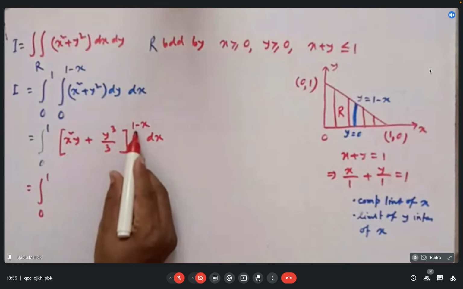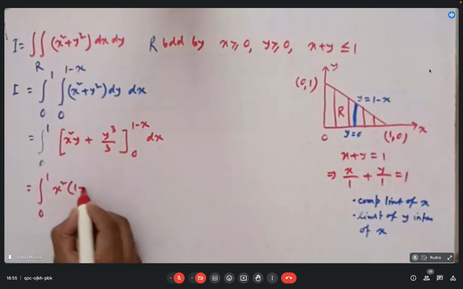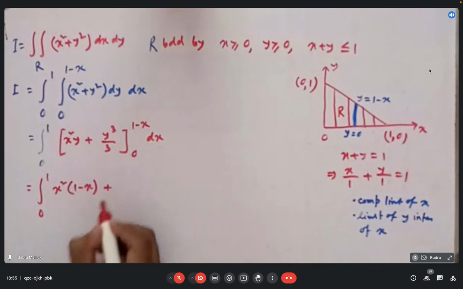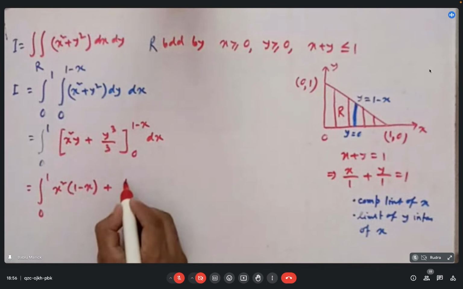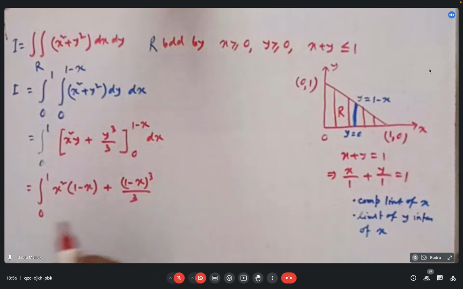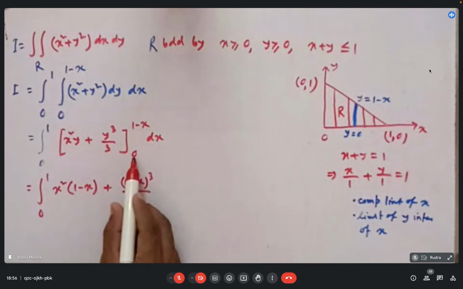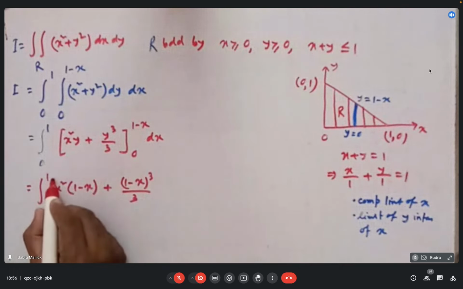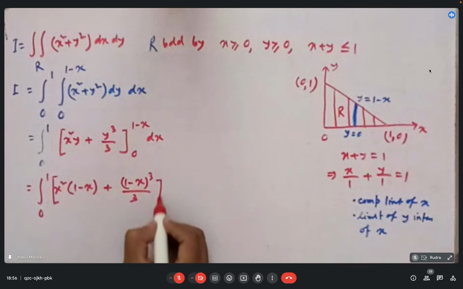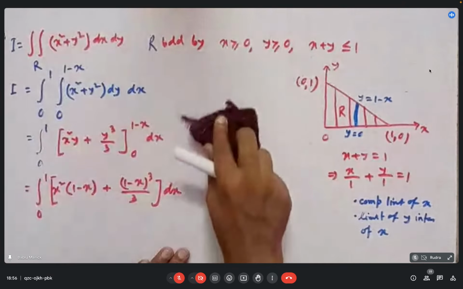In place of y I shall put 1 minus x, so x square into 1 minus x, plus 1 minus x whole cube by 3. And if I put y equal to 0, then it is 0. So what are we getting?